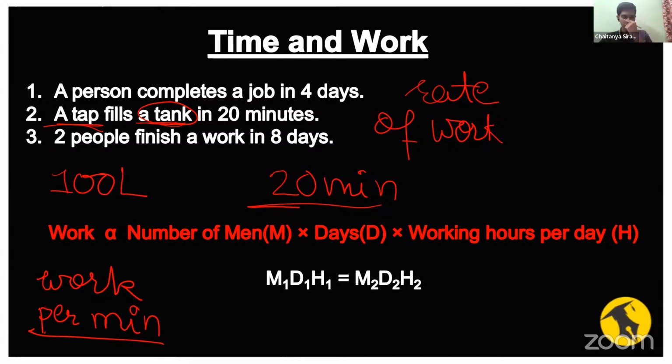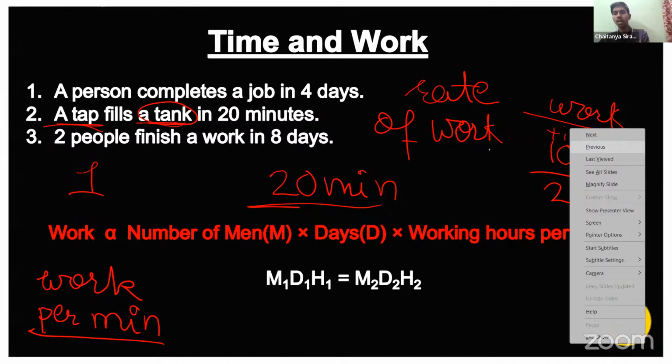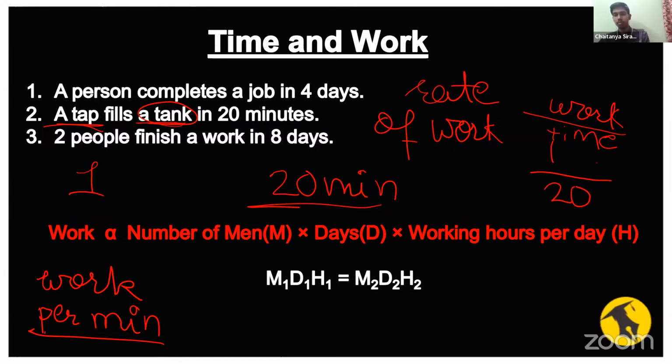So work per minute here will be given as 100 upon 20. It's work upon time. In some cases where you don't have any capacity given, you just assume the whole tank as one. If it is fully filled, 100% filled, then we say the work is one. So here the efficiency would be 1 by 20.